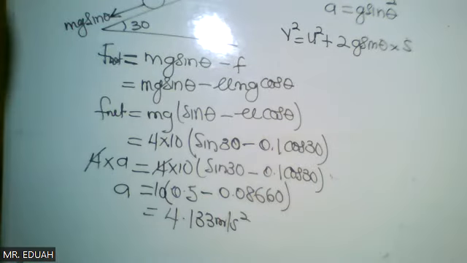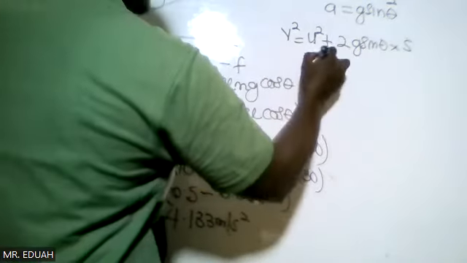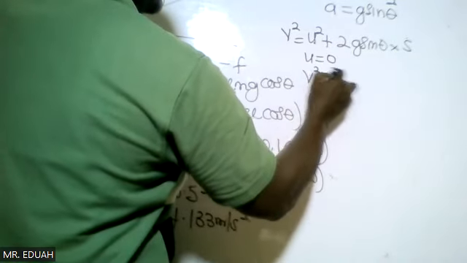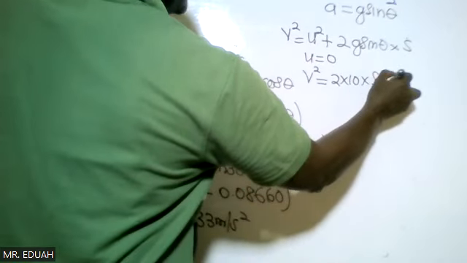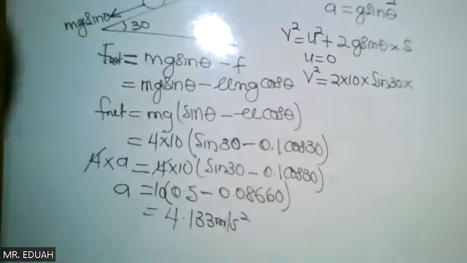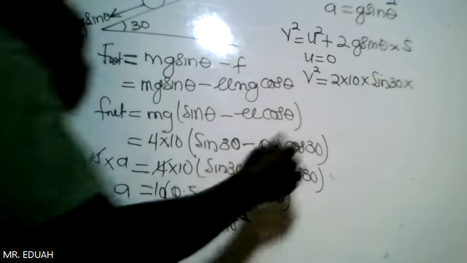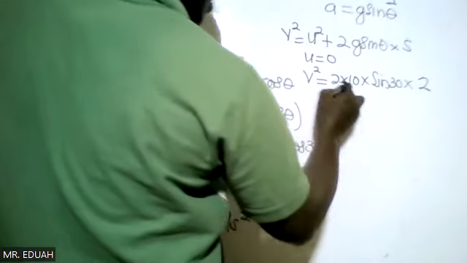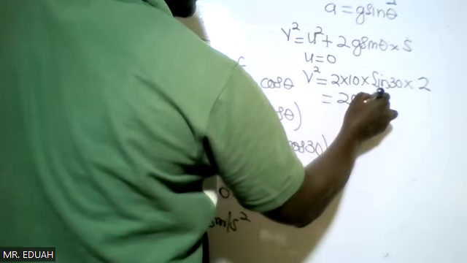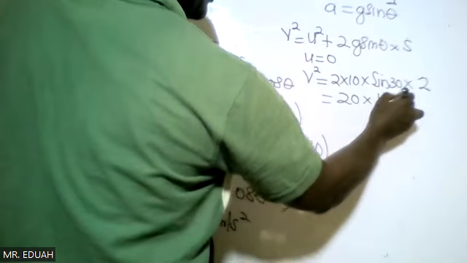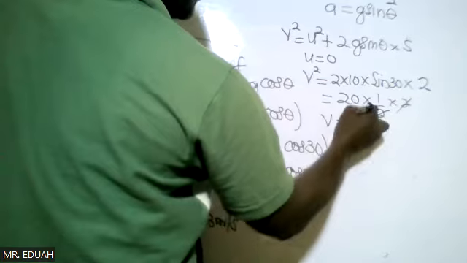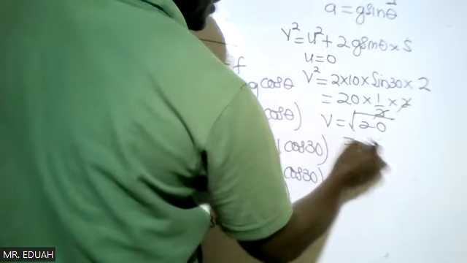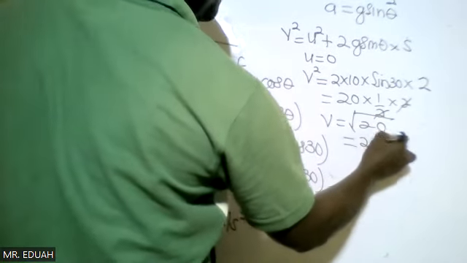It started from rest, so u is 0. So v squared is equal to 2 times 10 times sin 30 times the length of the plane, which is 2 meters. So we have 20 times half times 2. Therefore, v is equal to the square root of 20, which is 2 root 5.